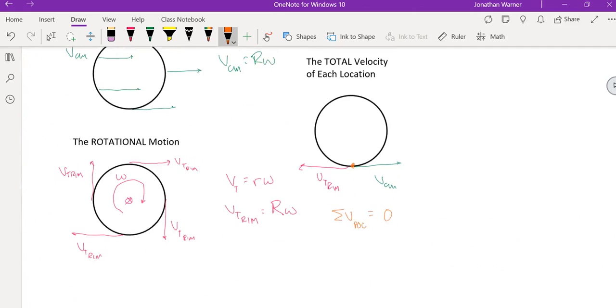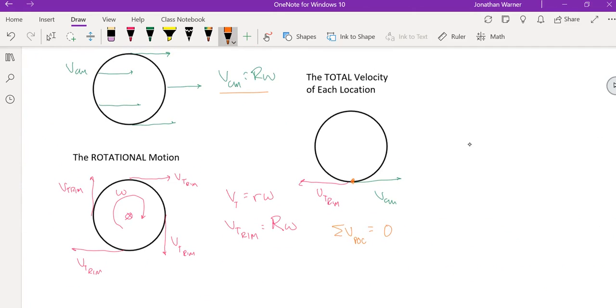Because the center of mass speed and the tangential speed are the same thing, but they point in opposite directions. So what you have to be able to apply in problem-solving situations is to relate the center of mass speed of an object to its angular velocity. And that's how you do it.